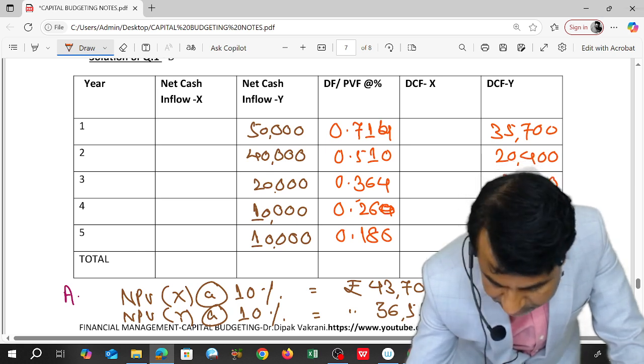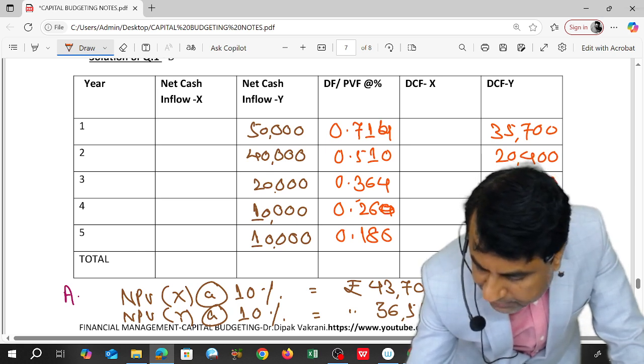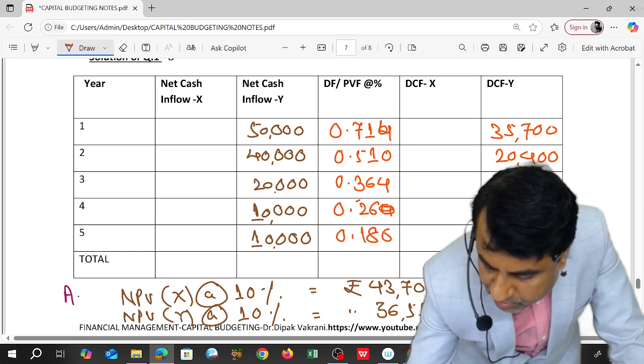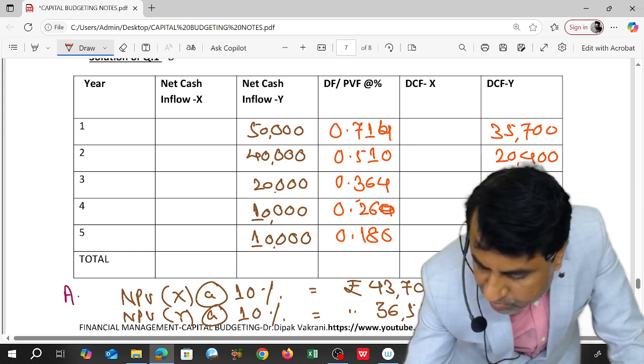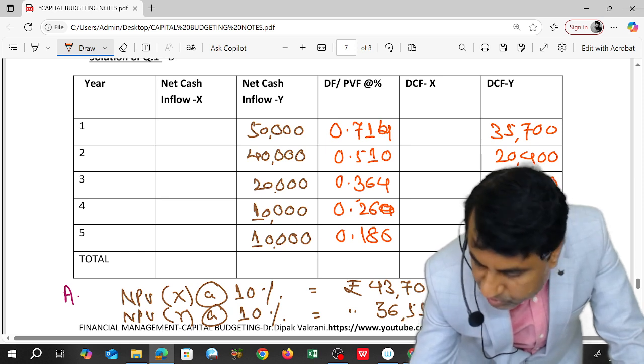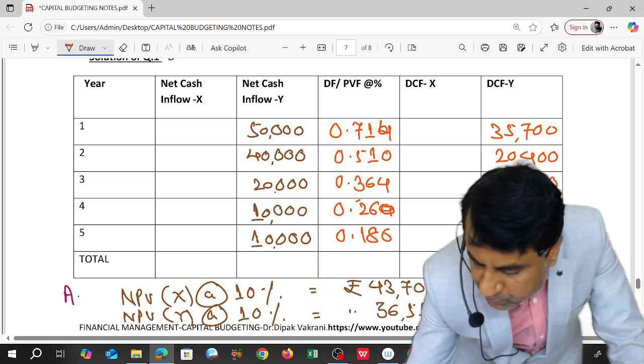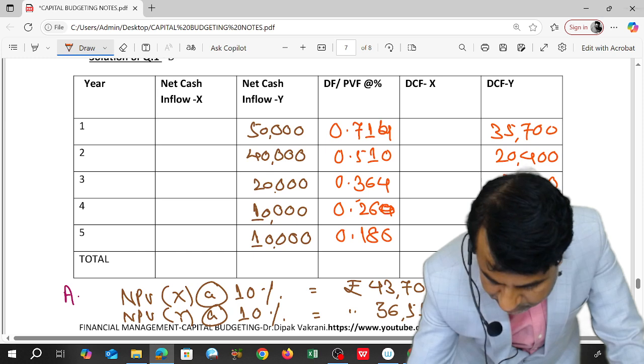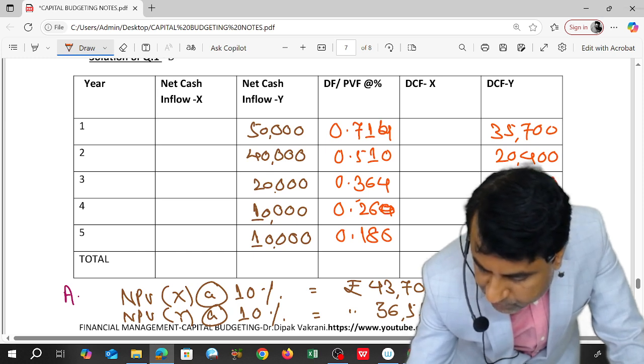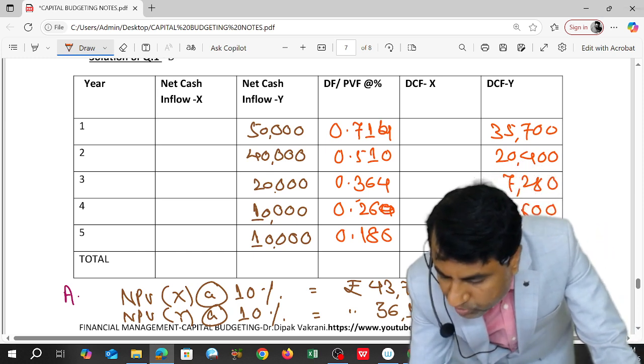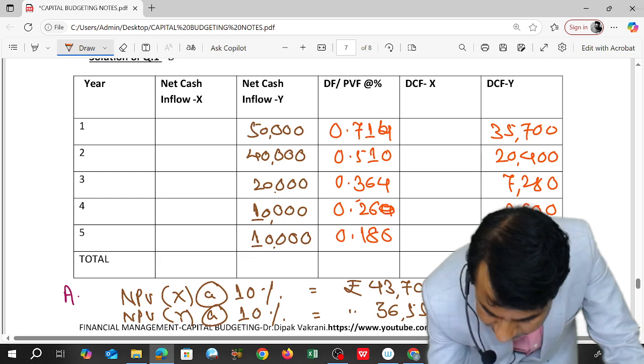Total: 35,700 plus 20,400 plus 7280 plus 2600 plus 1860. These are the five. Total is 67,840.